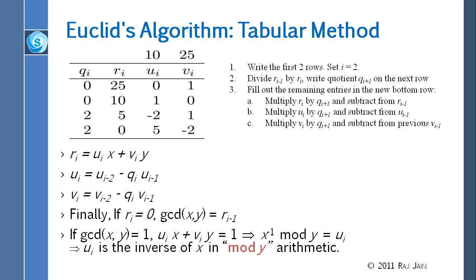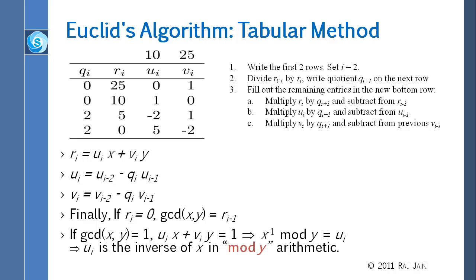When you have mod 5 arithmetic, 5 is 0, 10 is 0, 15 is 0, 20 is 0. So the numbers are only from 0 through 4. So basically that allows you to get an inverse by this method. And there are many places in the course where we will need the inverse. So the only way to get an inverse is to do this Euclid's algorithm in a tabular form.